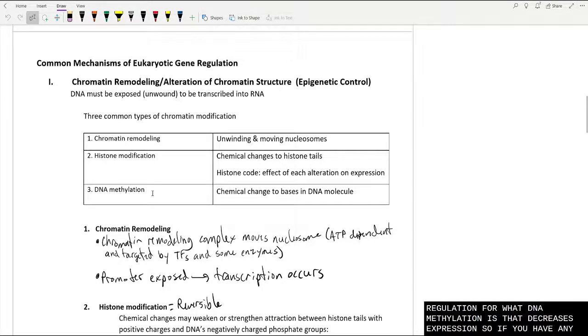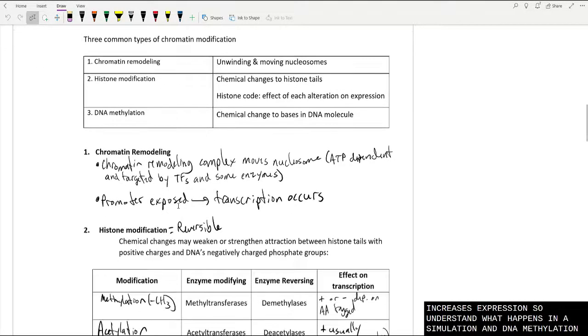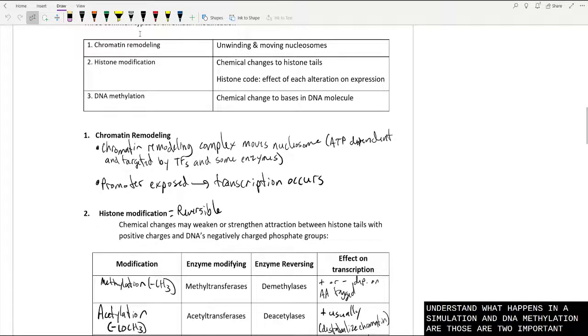So if you have an enzyme like methyltransferase and you have a mutation or inhibitor, you're not going to methylate and you're going to increase gene expression. Then you can also have acetylation of the histones. If you acetylate the histones, you're going to loosen the DNA around the histone proteins, and that increases expression. So understand what happens in acetylation and DNA methylation. Those are two important ones.